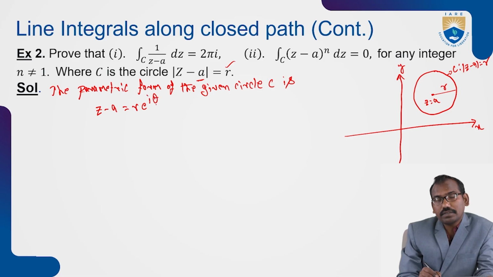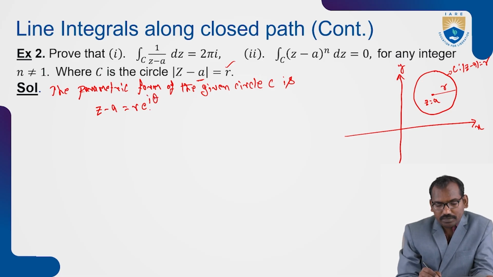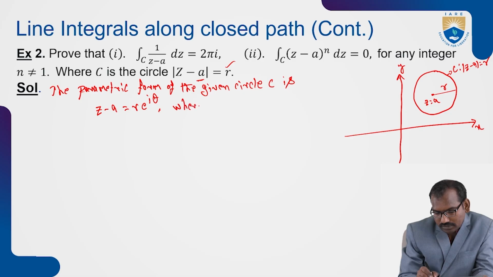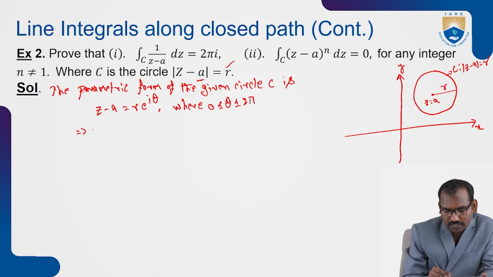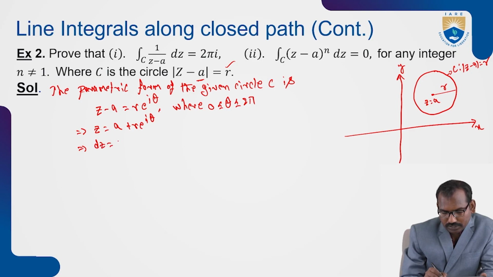What is the parameter? Here the parameter is theta. The parameter variation on this curve is where theta lies between 0 to 2 pi. So I know this relation. Now I can write what z is. z is A plus R e power i theta. So the derivative of z becomes the derivative of A plus R e power i theta.